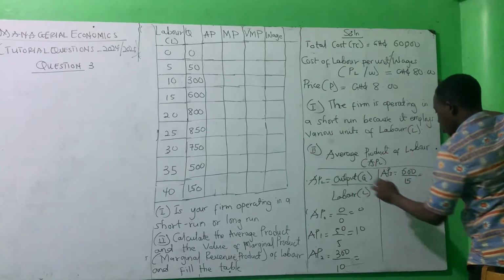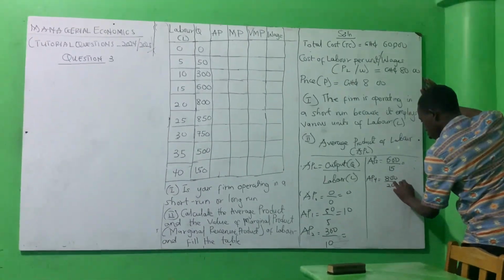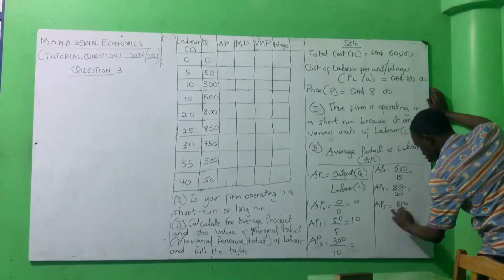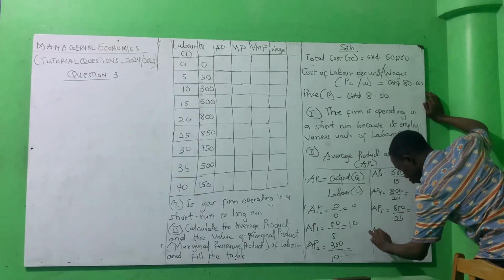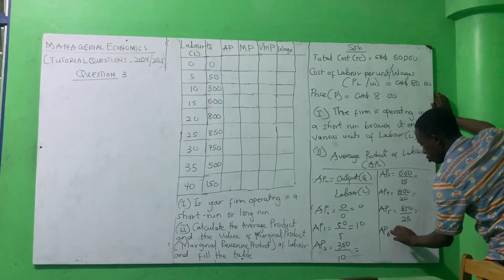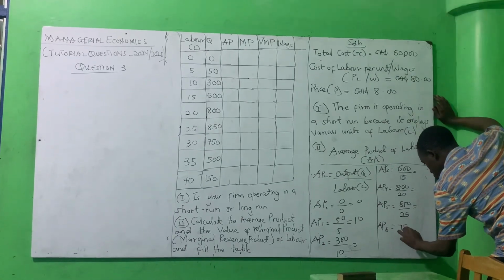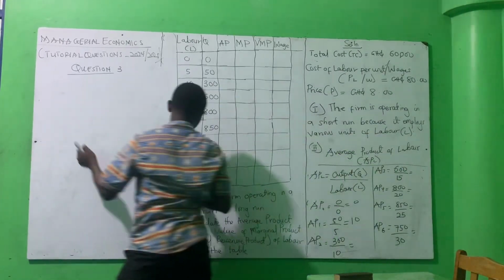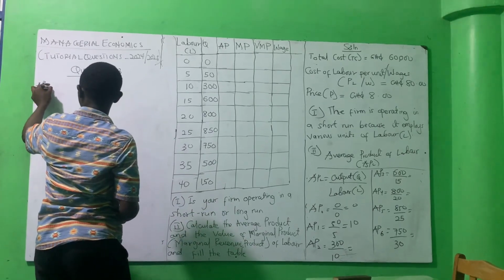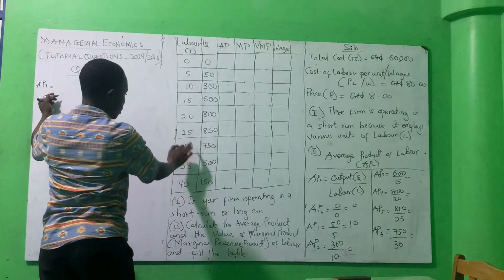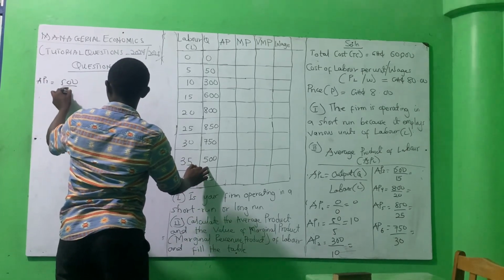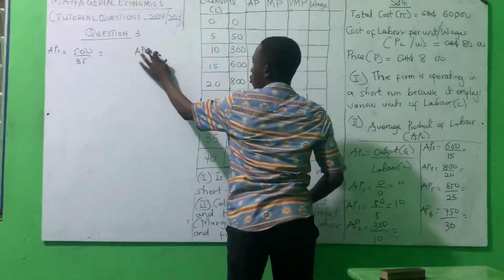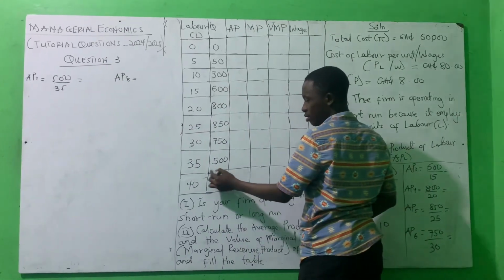We have 800 over 20, 850 over 25, 750 over 30, 500 over 35, and 150 over 40.